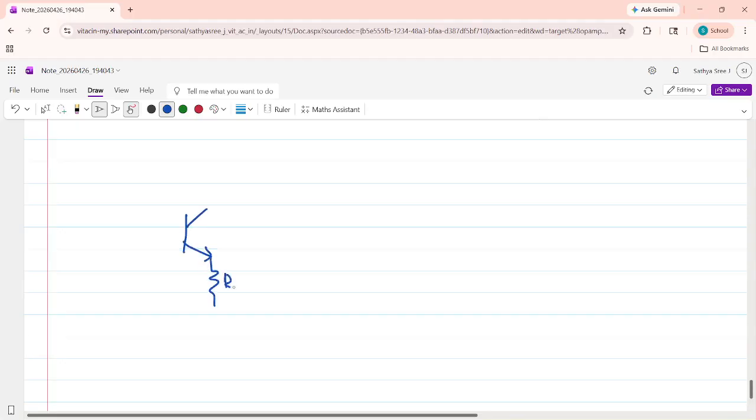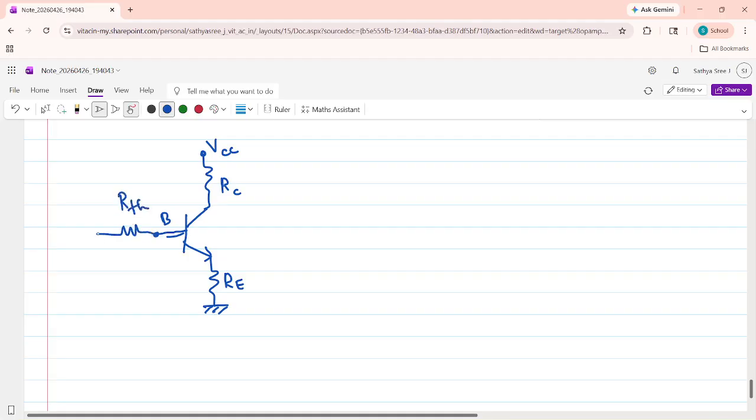This is RE, the RC, and the other end of RC is connected to VCC. Previously we had this R1 and R2. Now instead of this R1 and R2, we are going to replace them by RTH and VTH.